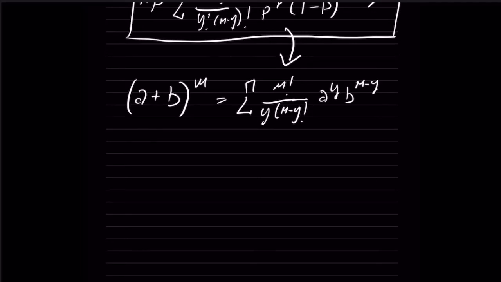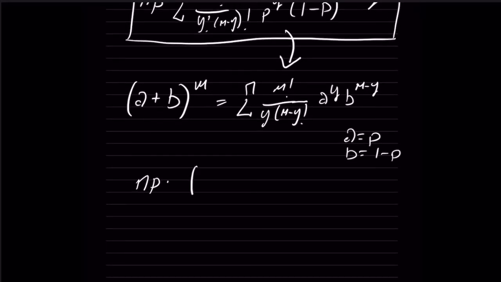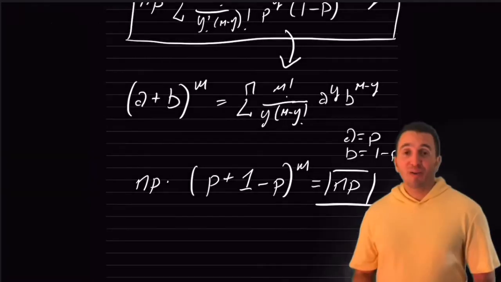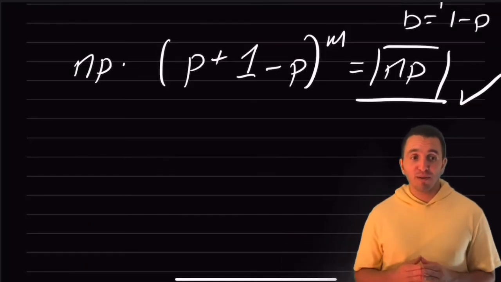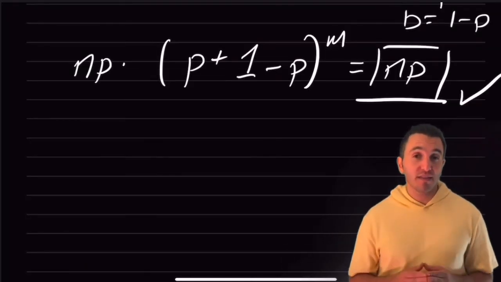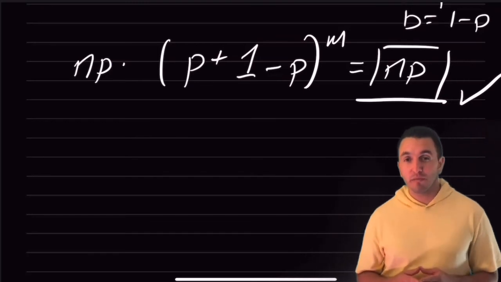So of course, if we set a equals p and b equals 1 minus p, then this term here becomes the binomial expansion. Okay, so that was a lot of work, but we've now convinced ourselves that the expectation of the binomial random variable is np.